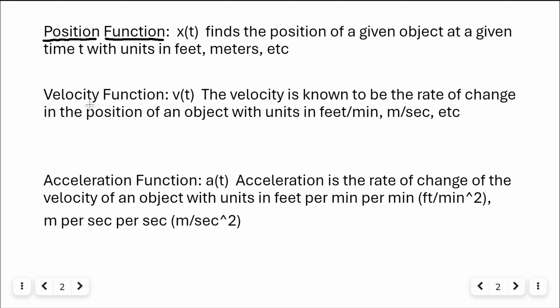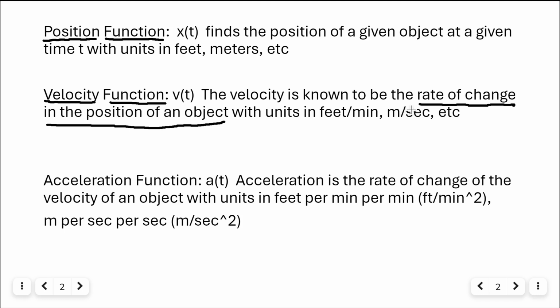Now, velocity, the velocity function v. Velocity is the rate of change in the position of an object, with units feet per minute, meters per second, miles per hour. Now, if we think about this, velocity is the rate of change in the position. Well, rate of change, that's a fancy way to say slope.